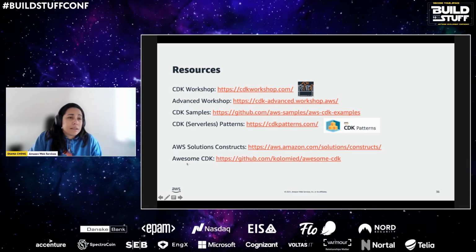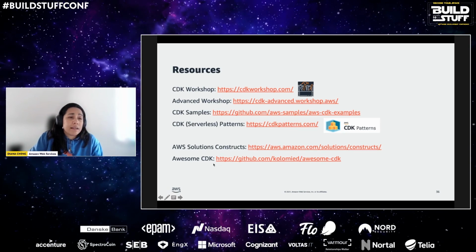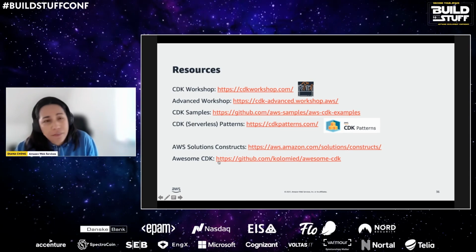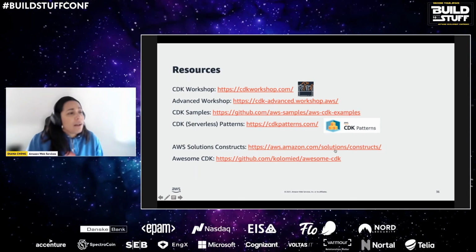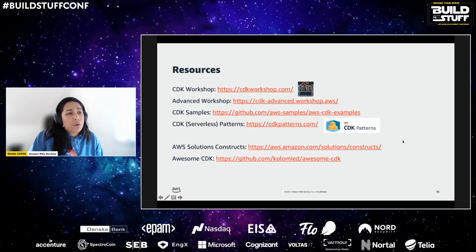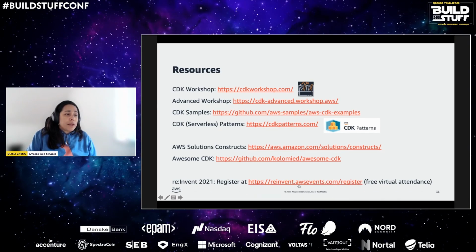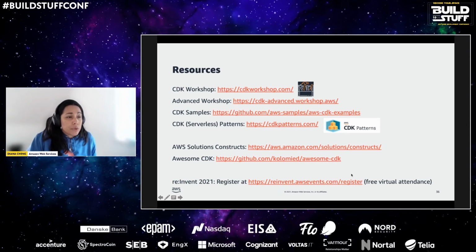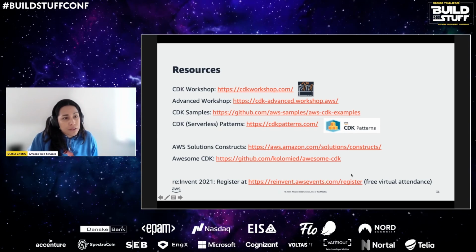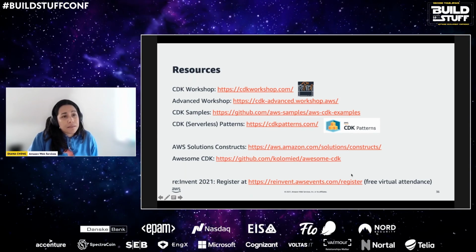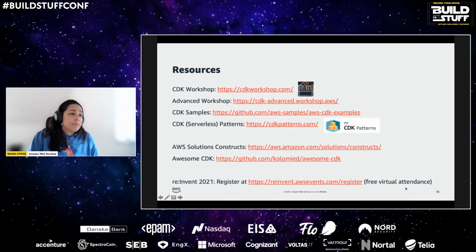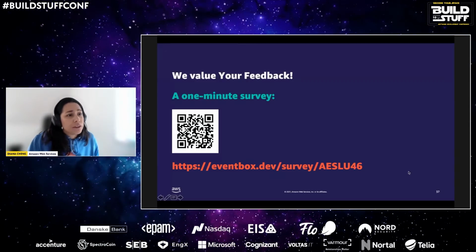And there is this awesome CDK list where you can find pretty much everything that exists around CDK: projects, code, documentation. And I'd encourage you to attend the next re:Invent virtually to learn what's coming or what's next for CDK. There will be, of course, some updates there. Virtual attendance is free, so go for it.